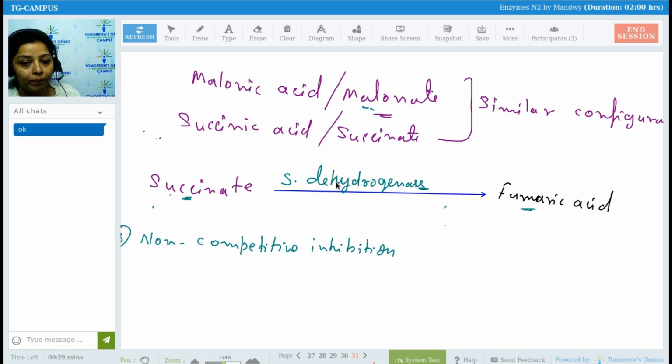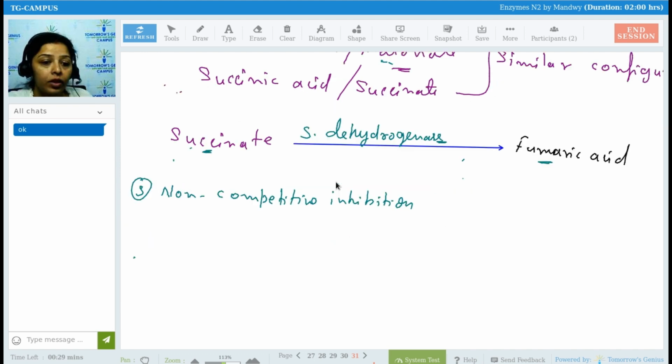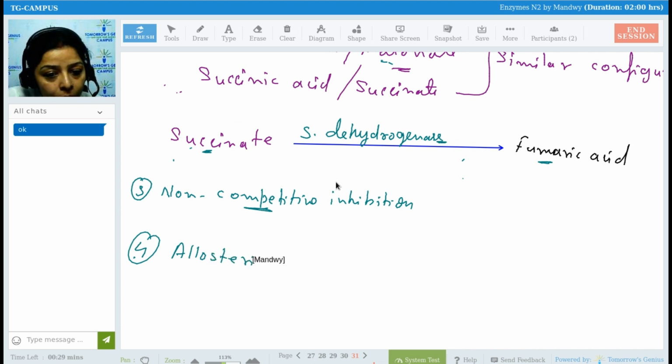Clear? Another way is allosteric inhibition. The fourth one is allosteric. Here it is not mandatory. If any enzymatic action is getting inhibited by attaching to the allosteric site, then it comes under allosteric inhibition.